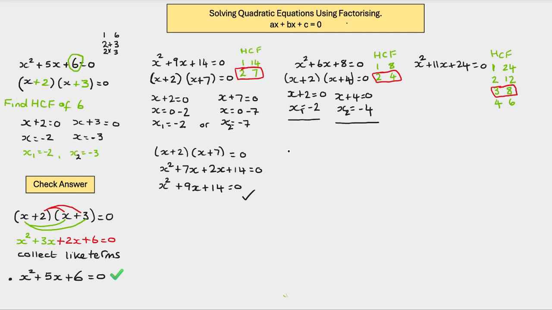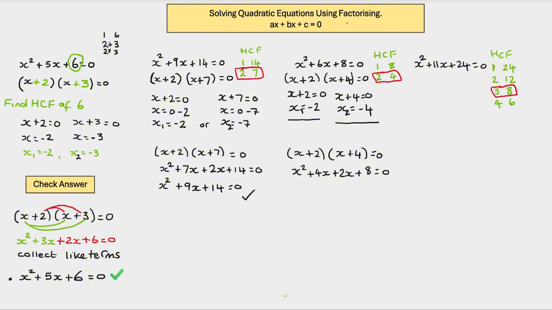Let's check our answer. x plus 2, x plus 4 equals 0. x times x is x squared. x times 4 is plus 4x. 2 times x is 2x. 2 times 4 is 8.